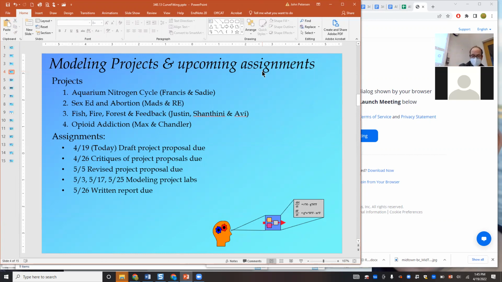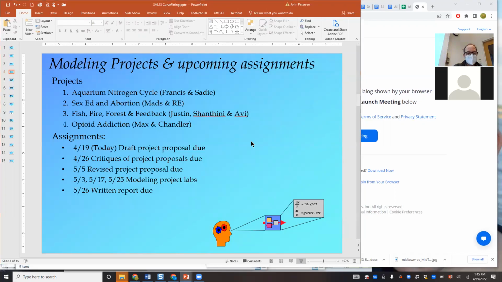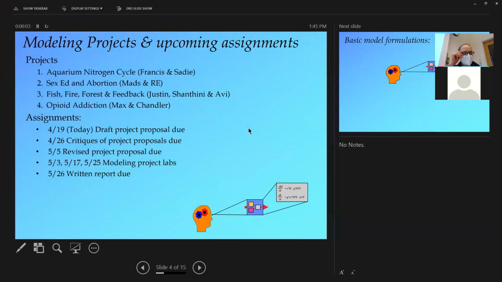As you know, you've got a draft of your proposal due today, and your task for the remainder of today is to finish your modeling proposal and get it in by tonight. But you're then going to critique each other's proposals before next Thursday's class. The criteria you're going to use is described in the assignment. But that's where we're going.